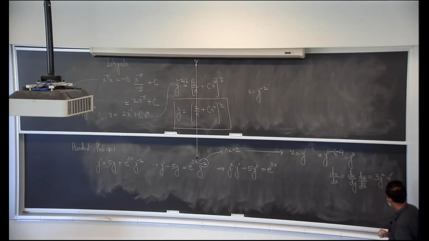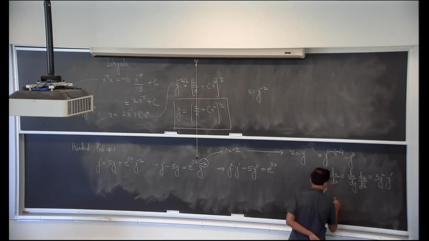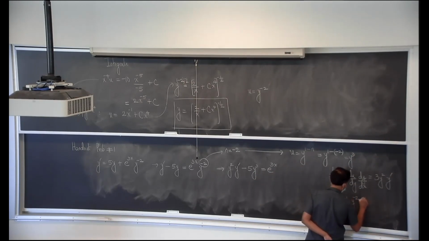So du/dx would be 3y squared y prime. So y prime is 1/3 y to the power of -2 u prime.